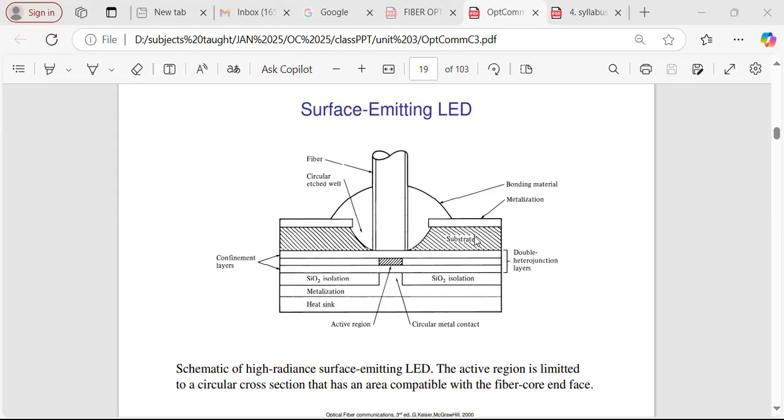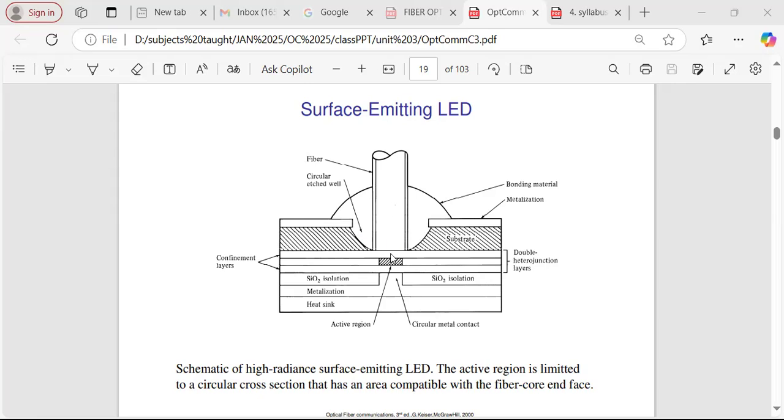This is the substrate, and the substrate is etched, and etching is done in this substrate area. This substrate area is also made up of semiconductor material, and in this area the optical fiber cable is cemented, and this is done in order to receive the light.